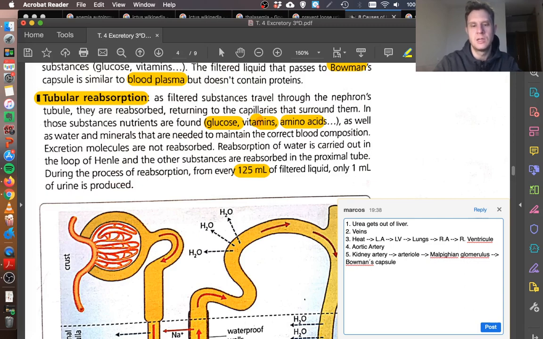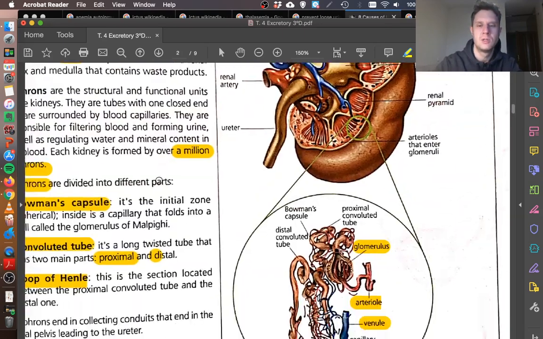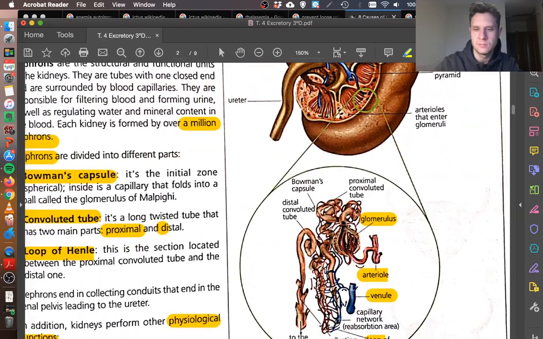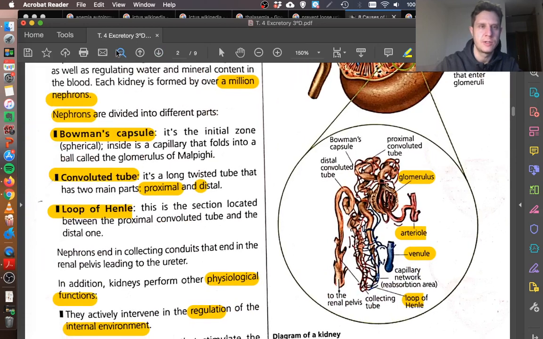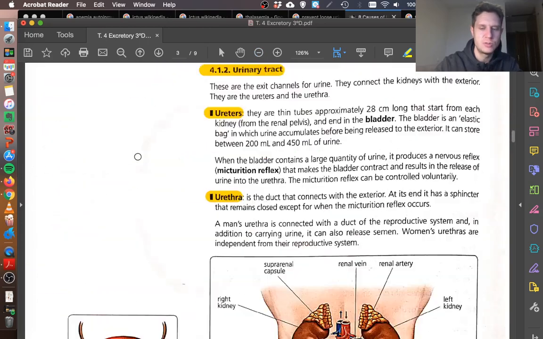Now the filtration is done. Now I'm going to the proximal convoluted tube.